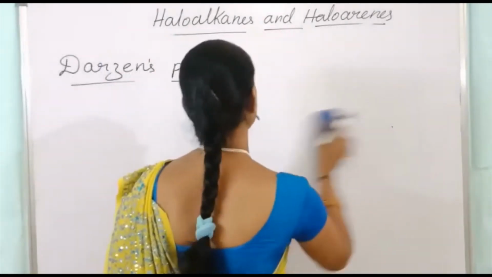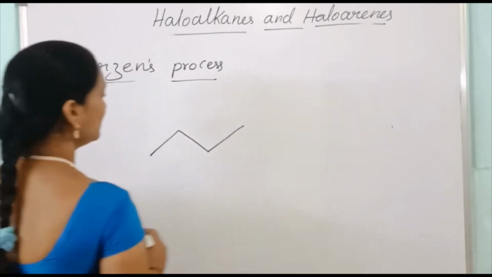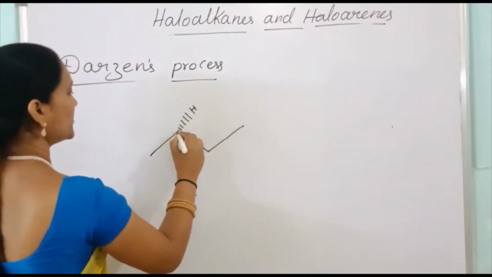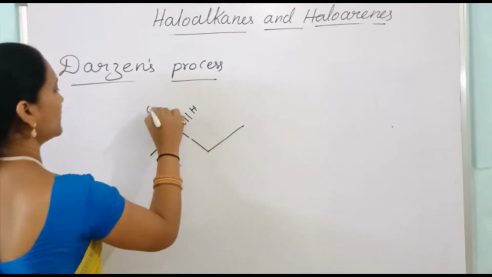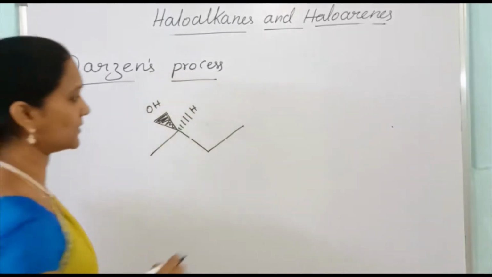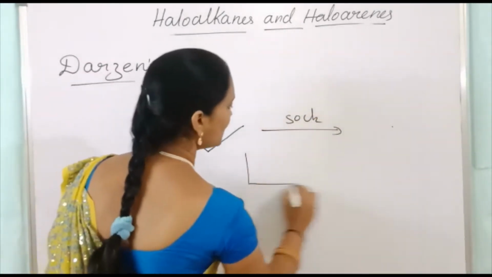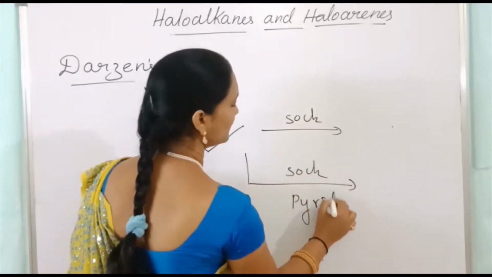So here the question is: this alcohol with OH is treated with SOCl2. What is the answer? Also the same compound treated with SOCl2 in the presence of pyridine.